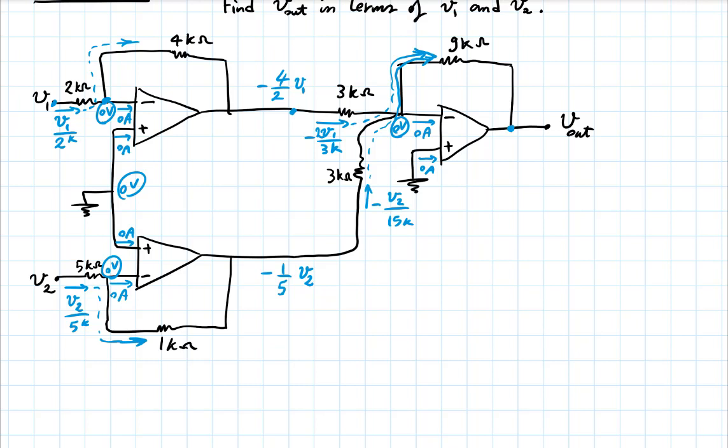So if you call this, well, you can write it down here, minus 2/3 of V1 minus 1/15 of V2. And so V out then will be equal to 0 minus 9K times that.